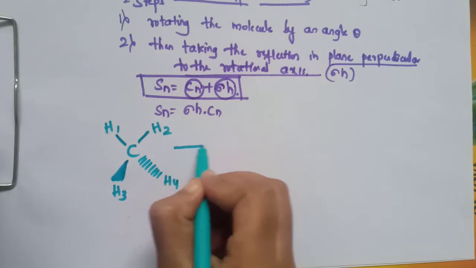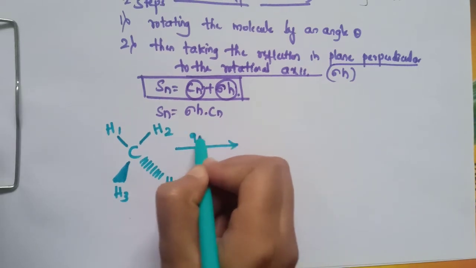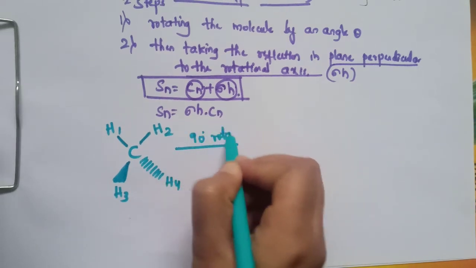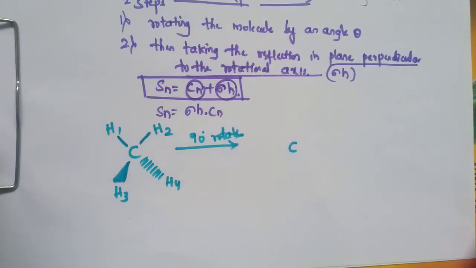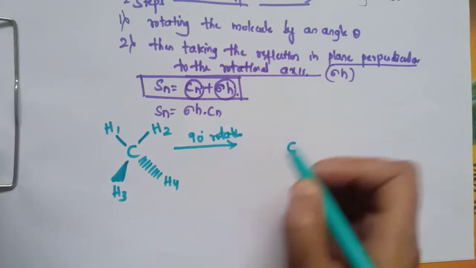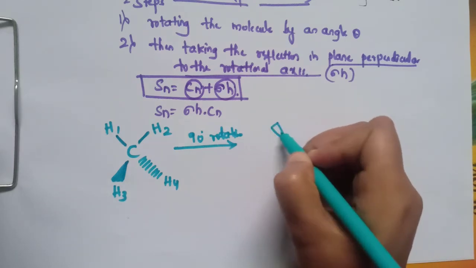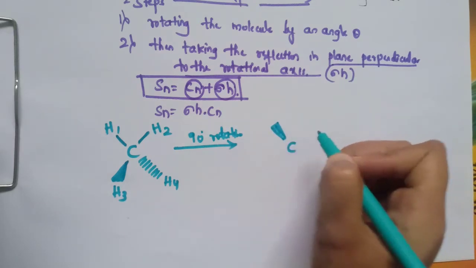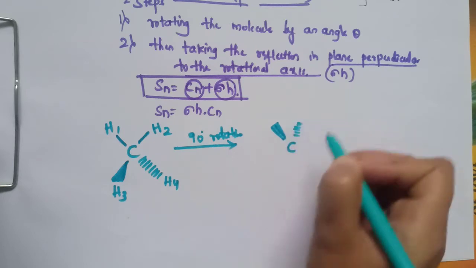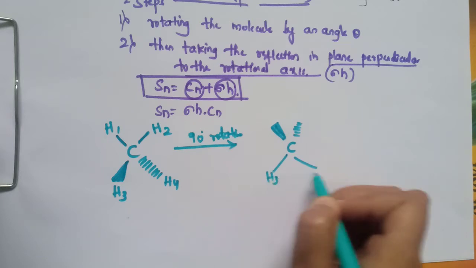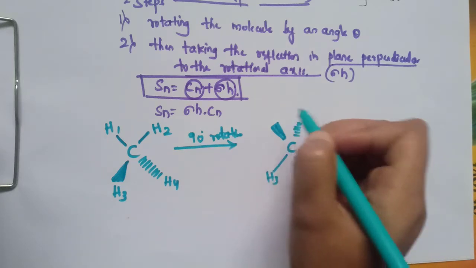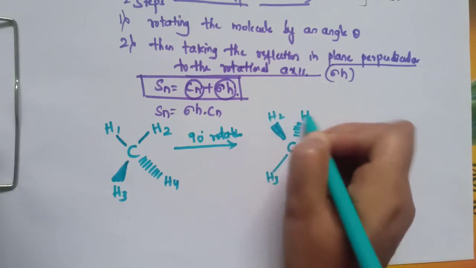Now let's rotate it by 90 degrees. I will draw it and explain later. H3, H4, H2, H1.